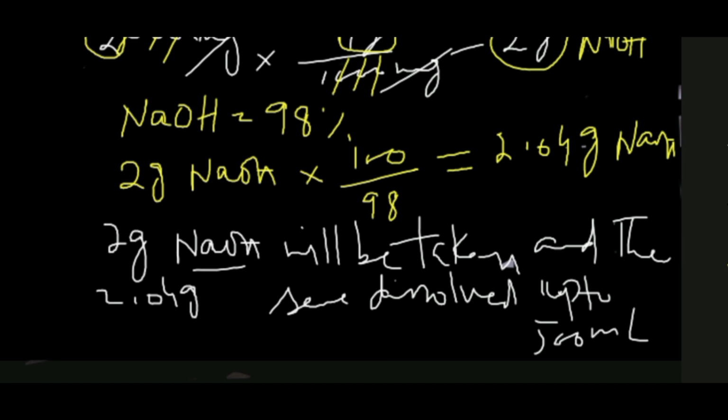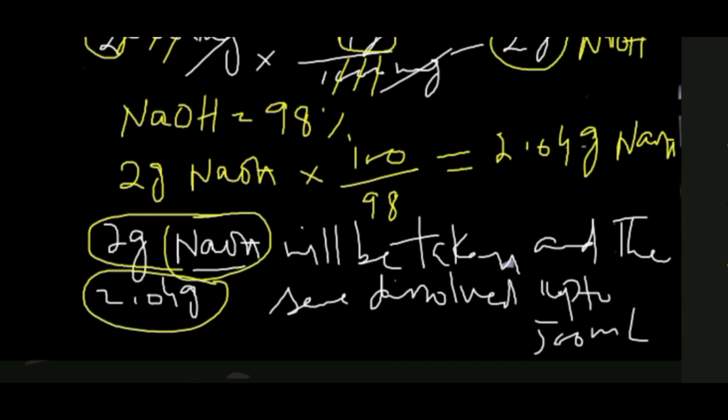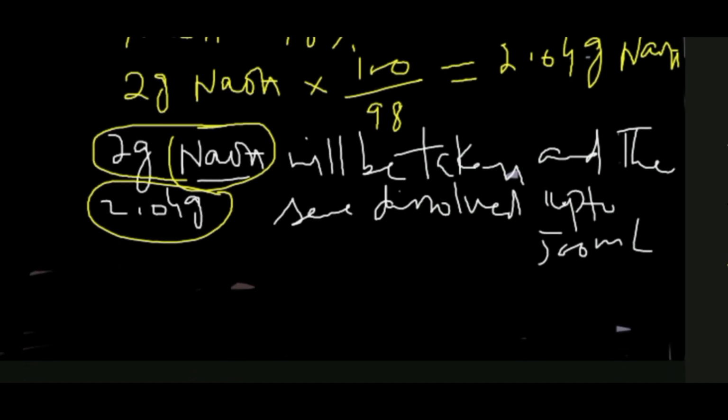So in this way we can prepare the 0.1 molar solution of caustic soda. And the same we will take in a flask.